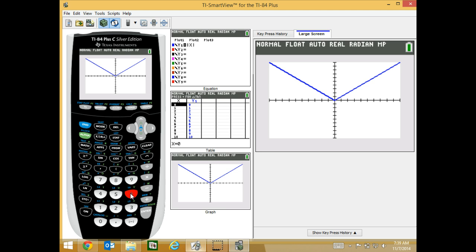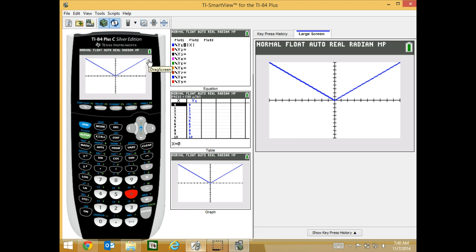Now a couple of things on the absolute value: both branches are straight lines. The slope of this line is -1. The slope of this part is +1. So there are basically two straight lines that make up the absolute value function. Now, the domain of the absolute value parent function is negative infinity to infinity, left to right.